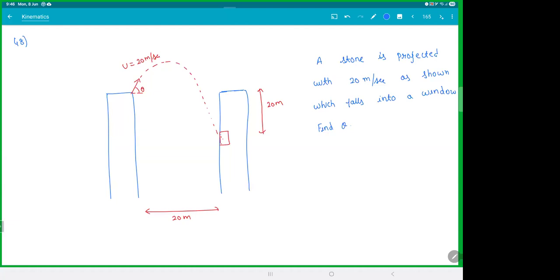You're throwing a stone with 20 meters per second. There is a window 20 meters far and 20 meters down. Everything is 20. Find theta.